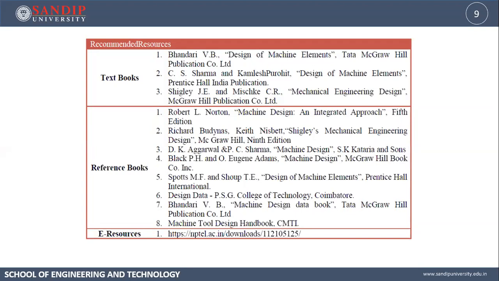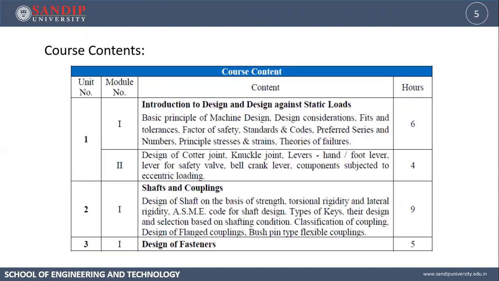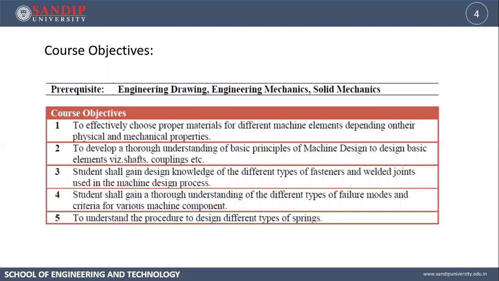Maybe after the first unit is over, you can start with the first sheet. So the entire guidelines will be given to you. So this is what we were having regarding the machine design syllabus and how we are going to do it.